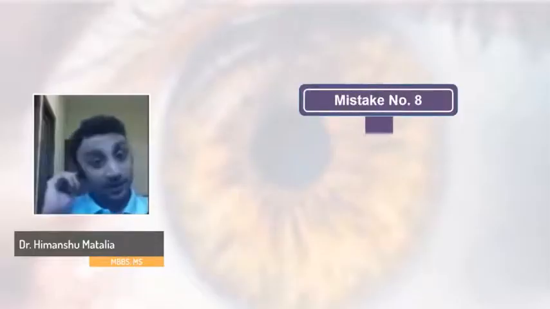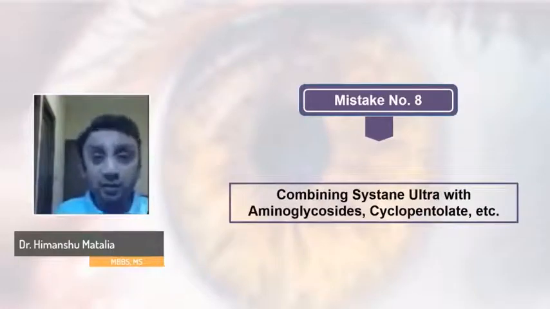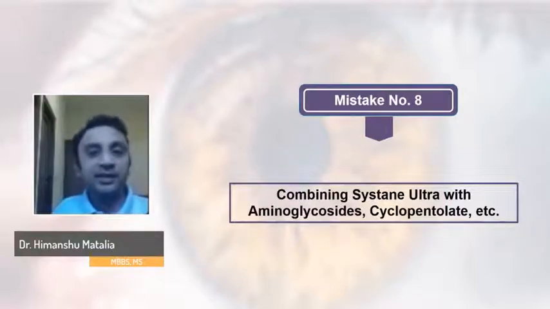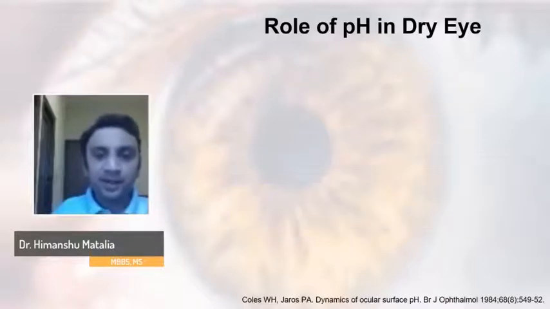The next mistake: combining different lubricants. Just to give an example, I'm using the name Cysteine Ultra, but I do not have any disclosure here. Now, consider combining something like Cysteine Ultra with an aminoglycoside or cyclopentolate. What I mean here is the pH part of it.